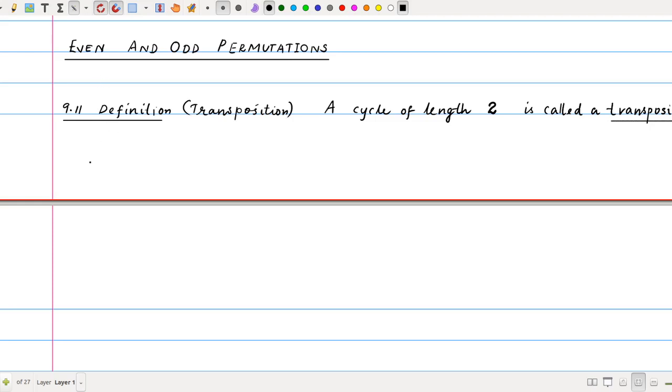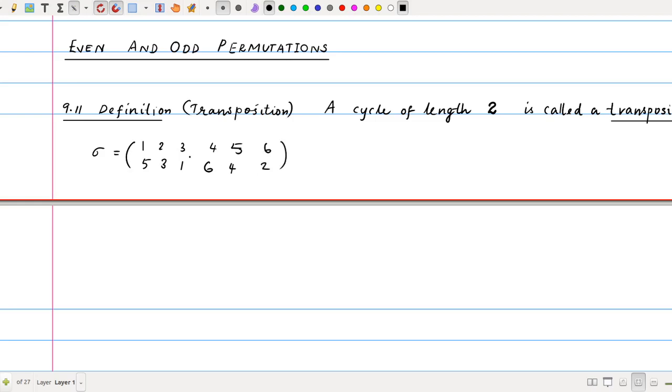So first of all, we identify some properties of an arbitrary permutation. Say sigma, an element of S6 on 1, 2, 3, 4, 5, 6. I define the sigma as a cycle: 5 goes to 4, 4 goes to 6, 6 goes to 2, 2 goes to 3, and 3 goes to 1.